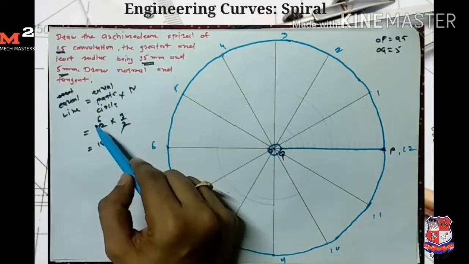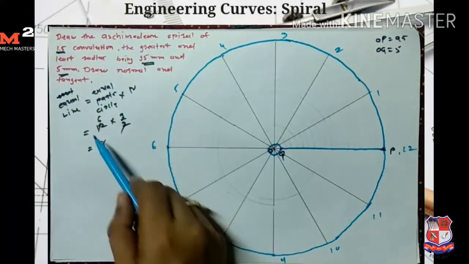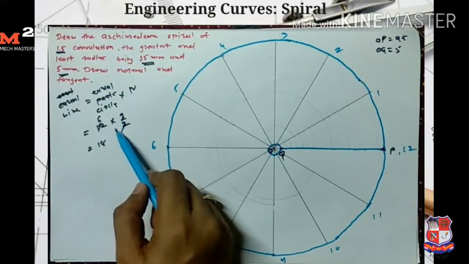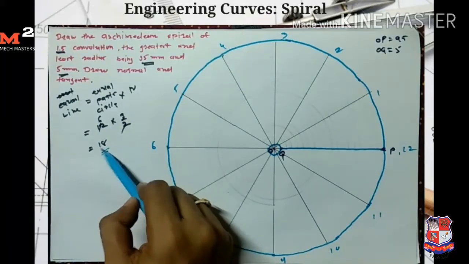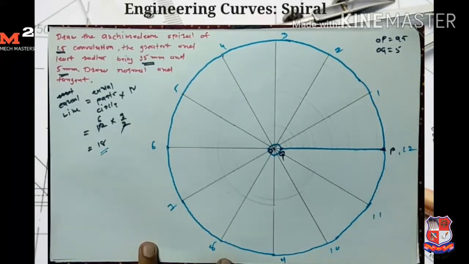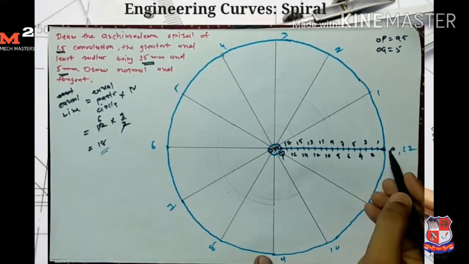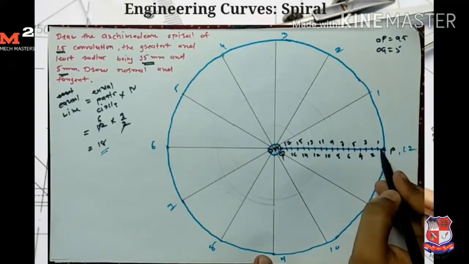The circle is divided into 12 parts and the number of convolutions is 1.5, so 12 into 3 by 2 gives 18. So we divide this line into 18 equal parts and give the numbers in this direction.